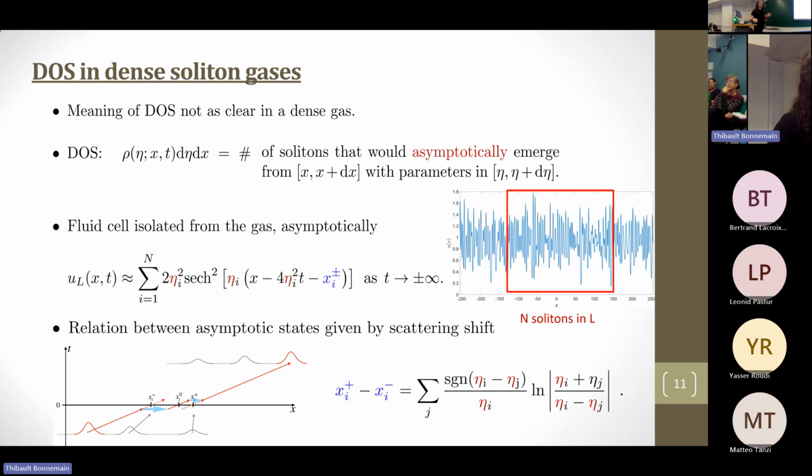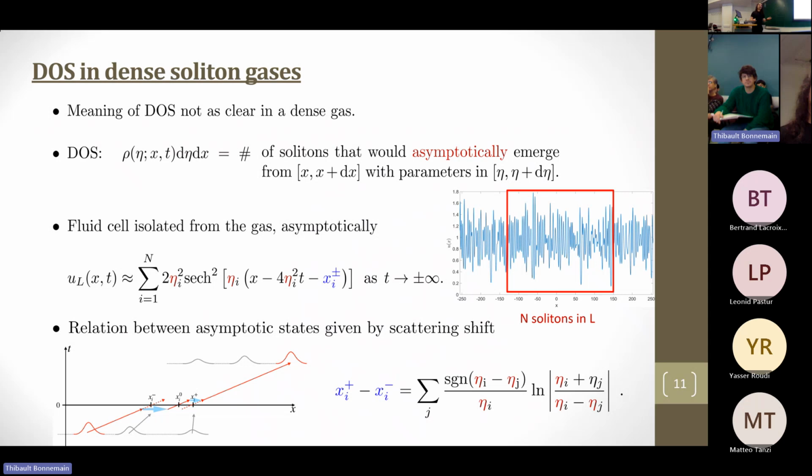Okay, so just before I go forward, I want to mention that it may look like I'm repeating myself with this thing that in a dense gas solitons delocalize and all of this is only asymptotic. And yes, in fact I am. The reason is that it's still kind of an issue in soliton theory. Here I will be discussing the thermodynamics and the dynamics of the solitons. But what I'm ultimately interested in is the statistical properties of the KdV wave field.